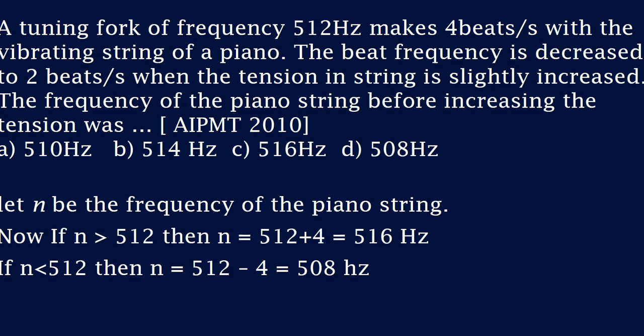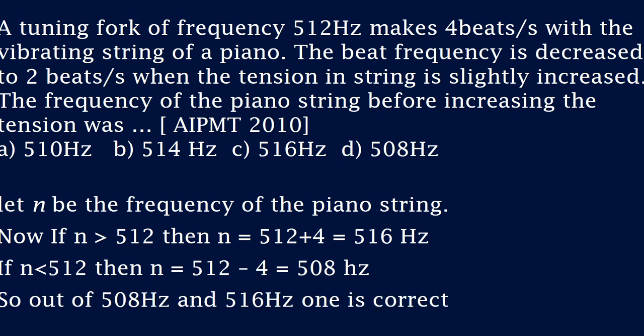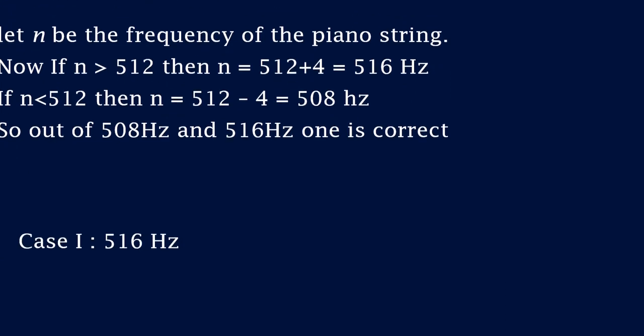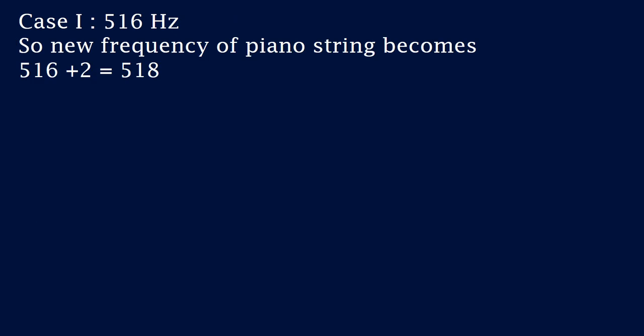Now, if n is greater than 512, then n = 512 + 4 = 516 Hz. If n is less than 512, then n = 512 − 4 = 508 Hz. So, out of 508 Hz and 516 Hz, one is correct. Let's take case 1, 516 Hz.